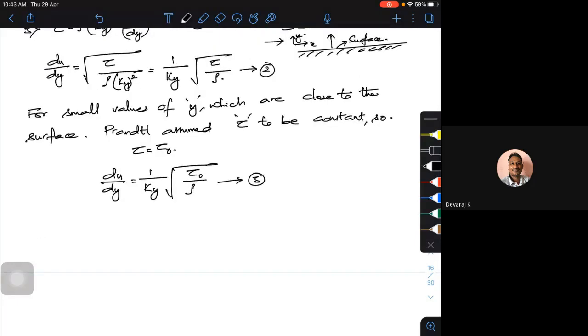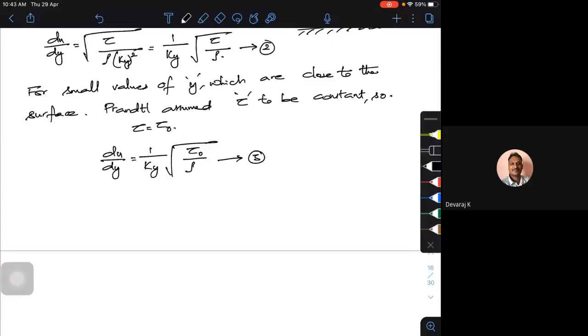Okay, now what is the dimension it has? See, your square root of tau naught by rho becomes something like, on the length scale, a shear velocity. It's a shear velocity. Okay. So if I look at this particular thing, this is nothing but your shear velocity. What dimension does velocity have?